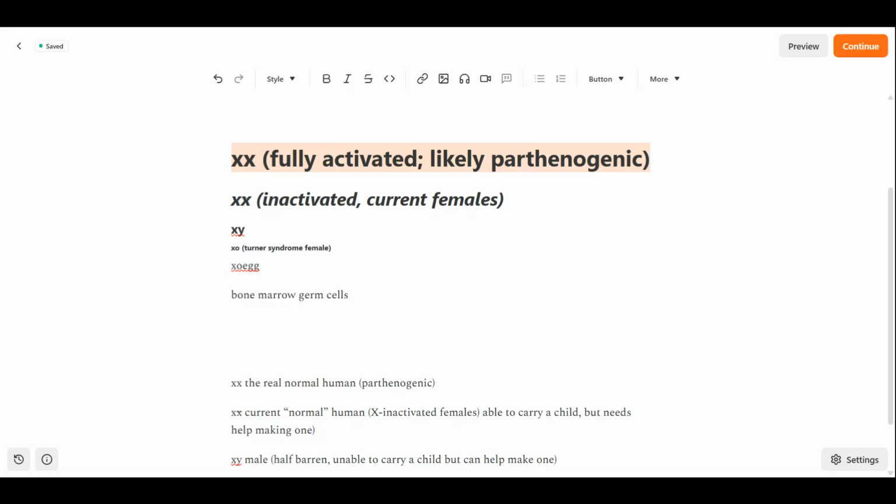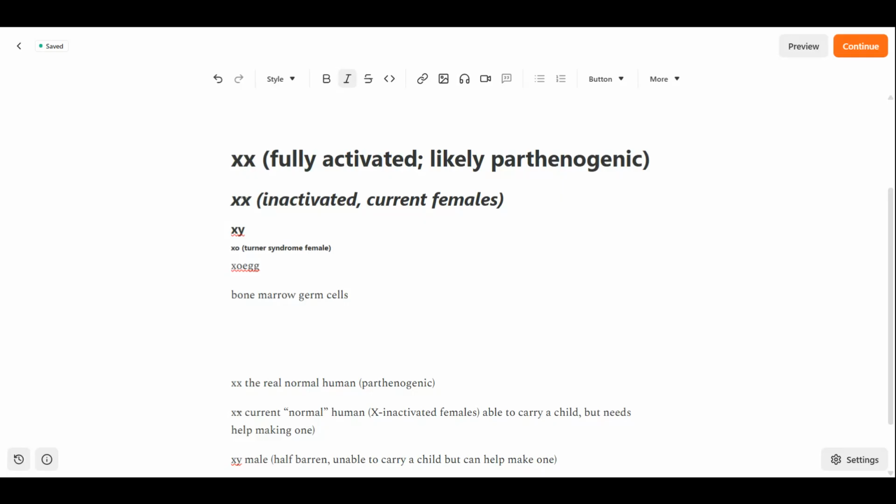That the parthenogenic reproduction method is the default for every organism. And that something affected every sexual organism to make us behave not like our default design.